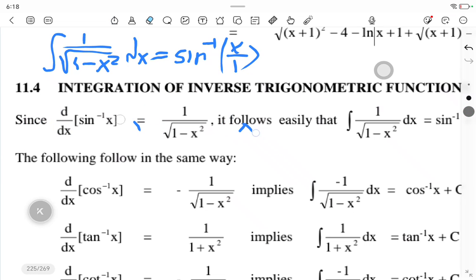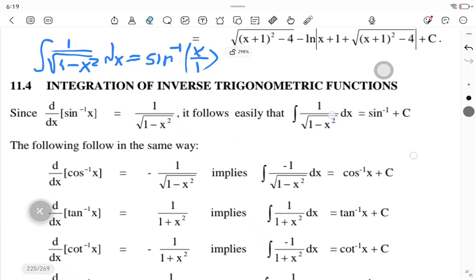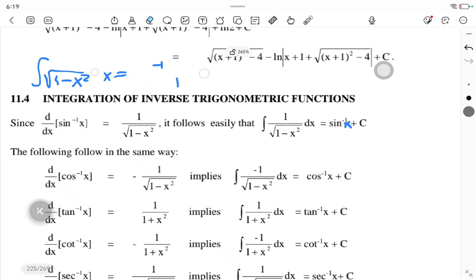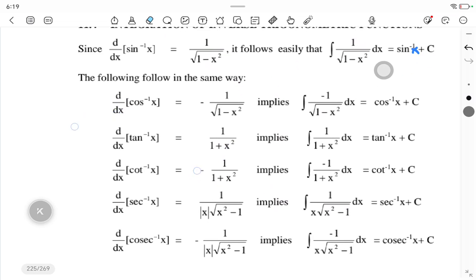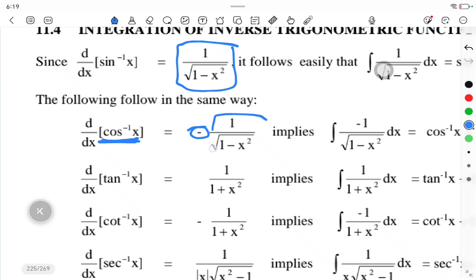Now, let's see another property. Let me erase this one. Now when we come to the arccos, it is still the same as the one of the arcsine, but the only difference, remember, is that when we derive cos, we get a negative sign.